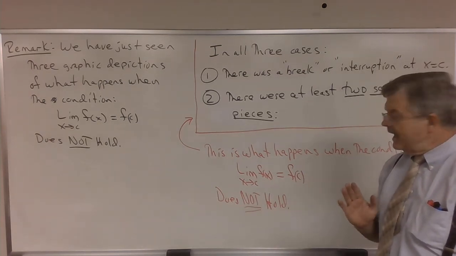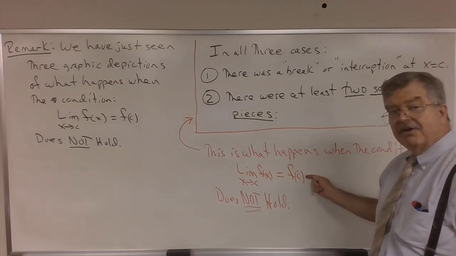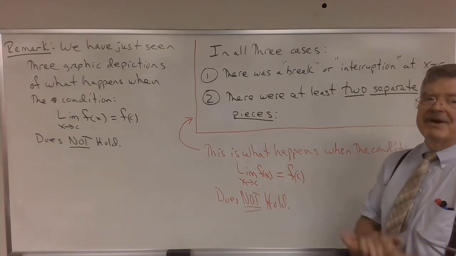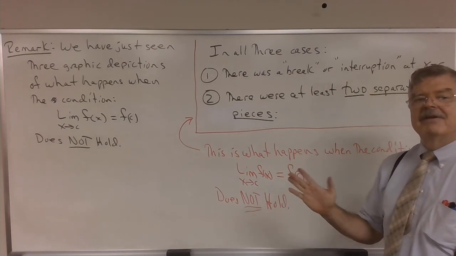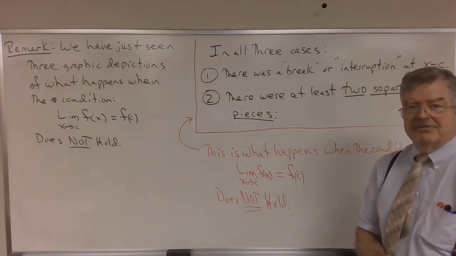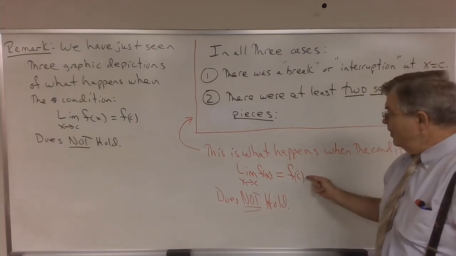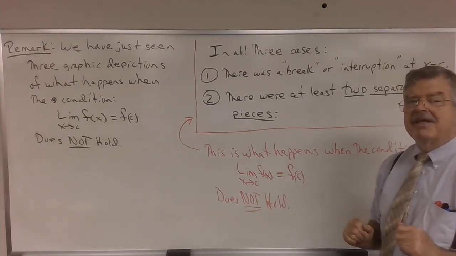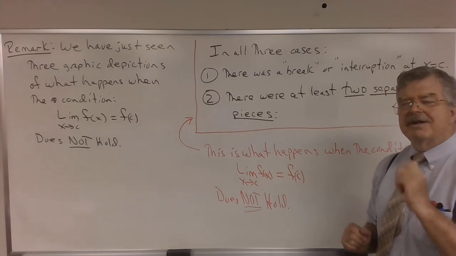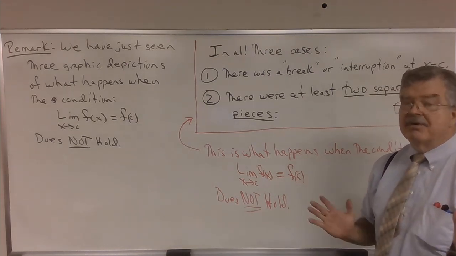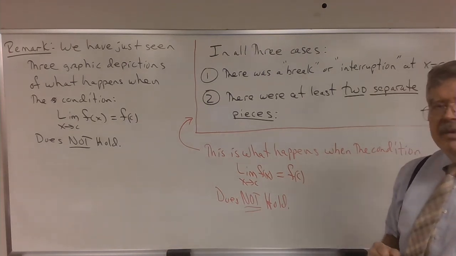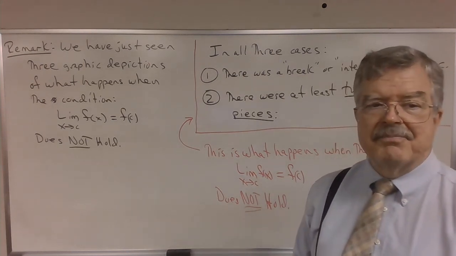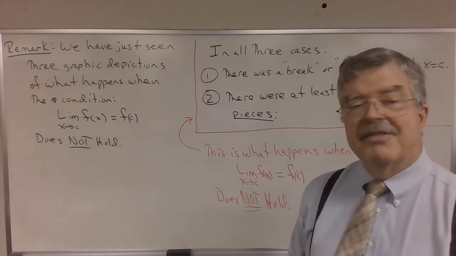We've seen what happens when this condition doesn't hold. We get breaks in the graph. The graph is two or more separate pieces. When this condition does hold at every single point on the graph, then the graph is one connected piece, no breaks or interruptions. And we are going to follow that up in the next lecture.